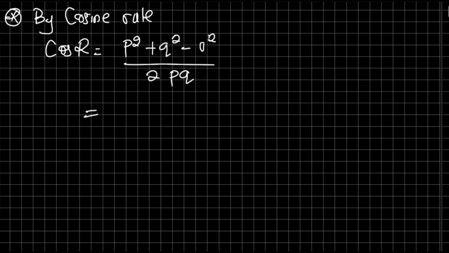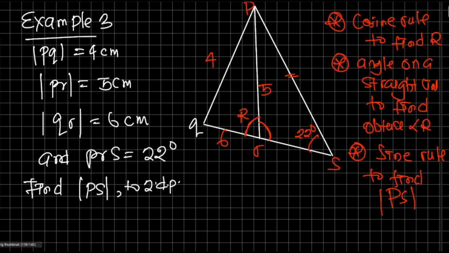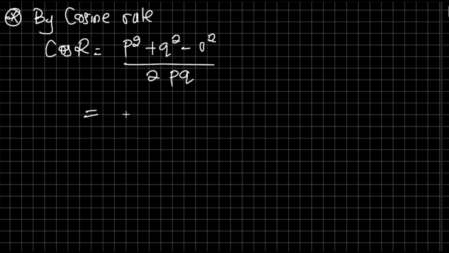Let's substitute our values. P is 6, Q is 5, R is 4. So this is 6 squared plus 5 squared minus 4 squared all over 2 times 6 times 5.